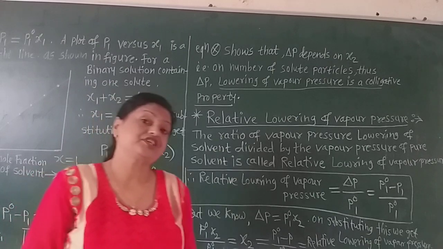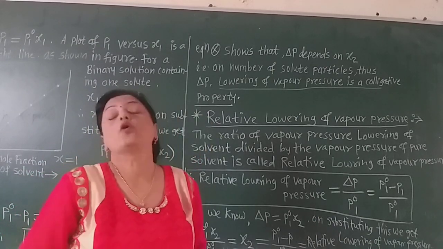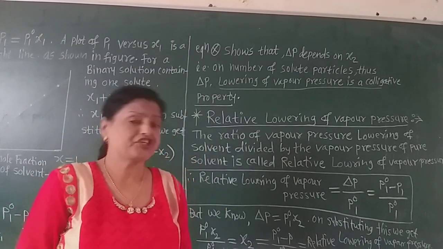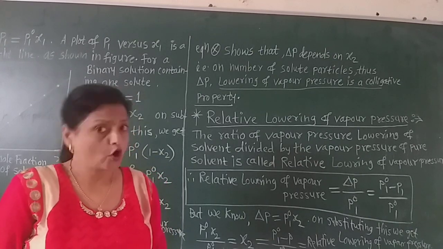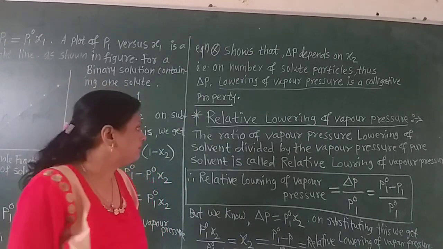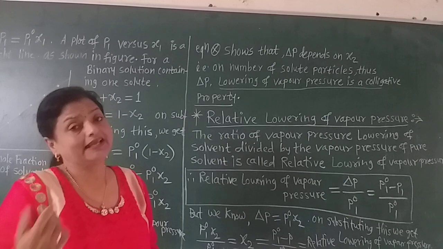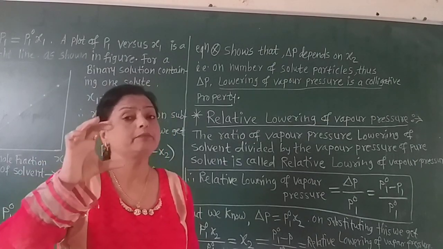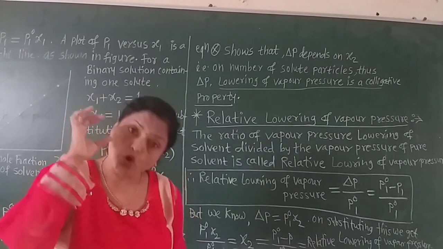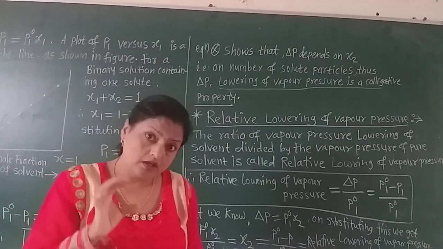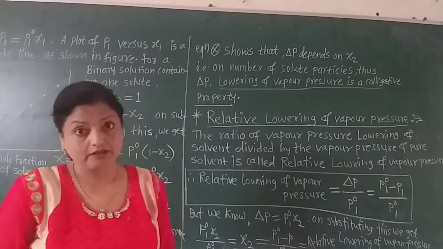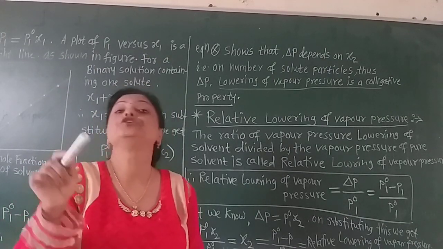We are interested in the relative lowering of vapor pressure. Then what is the statement or definition of relative lowering of vapor pressure? Now this is very simple. Relative lowering of vapor pressure is nothing but the ratio of lowering of vapor pressure to the vapor pressure of pure solvent, that is delta P divided by P01.